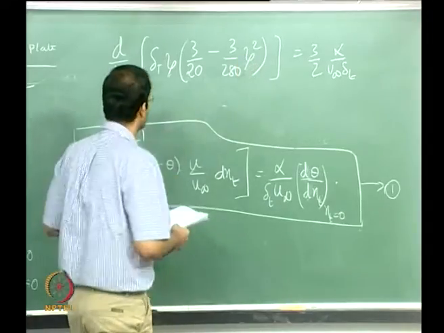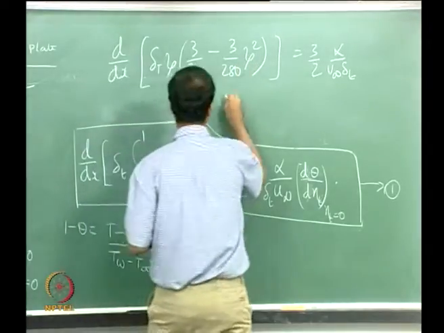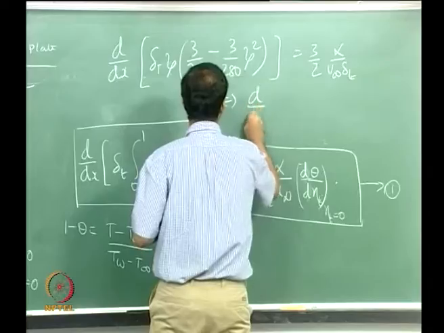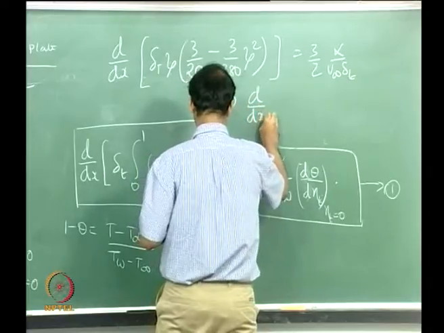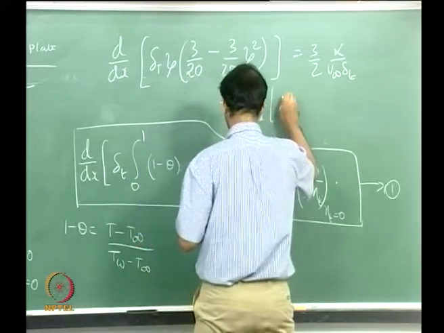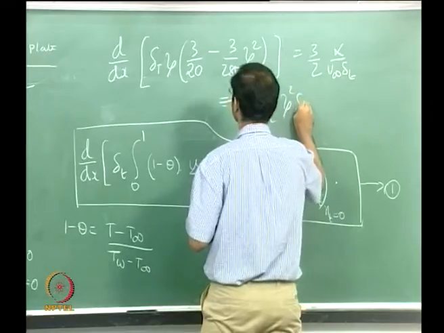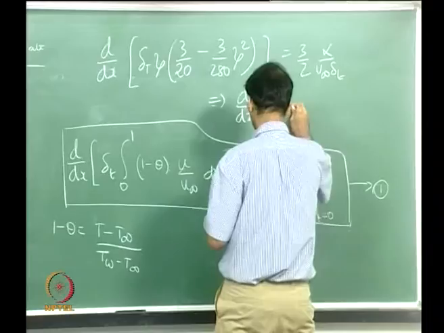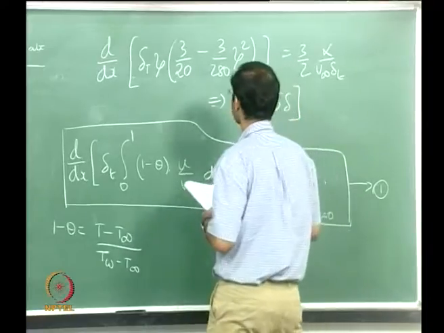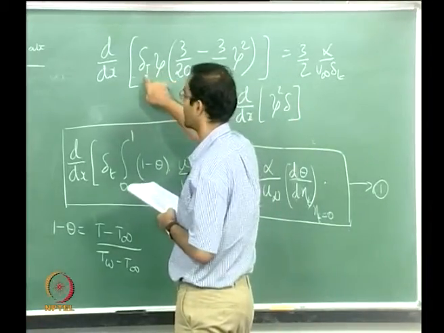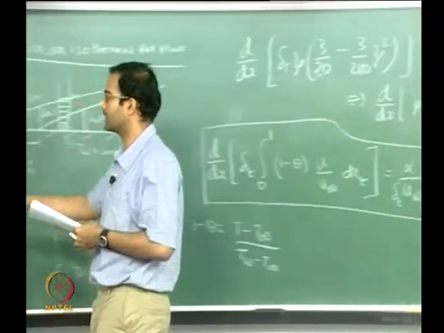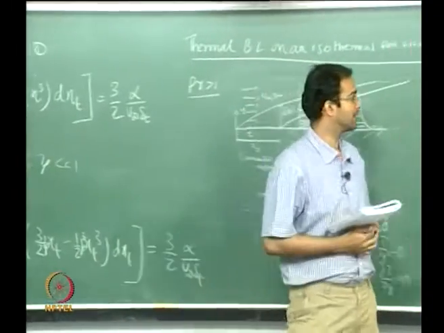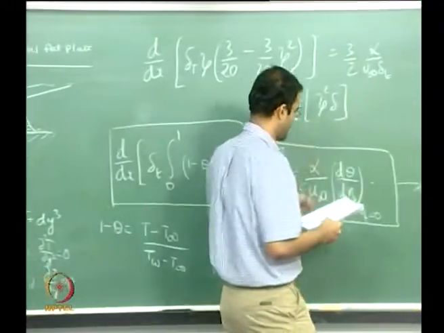If you bring in that approximation, you can neglect the higher order terms in zeta, as they are very, very small. If you retain only the most significant term, the first term, this will be 3 by 20 into zeta delta t. Once again I can write delta t as zeta into delta, so this has become zeta square delta.